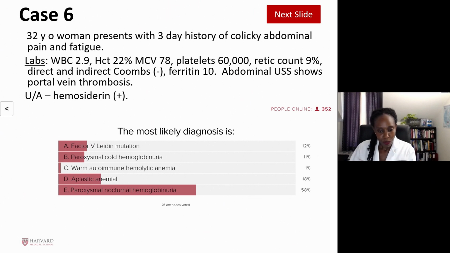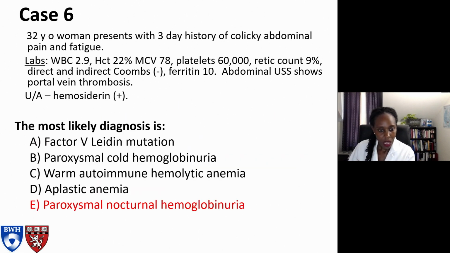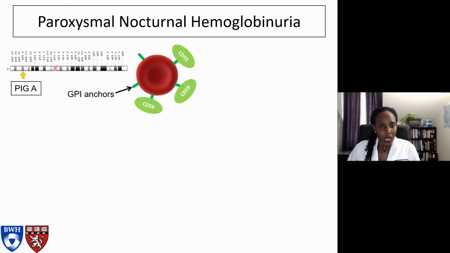Okay, we have more answers coming in. And yes, you're right, this patient has paroxysmal nocturnal hemoglobinuria, which is what most people answered. Paroxysmal nocturnal hemoglobinuria is due to a mutation in the PIG-A gene.